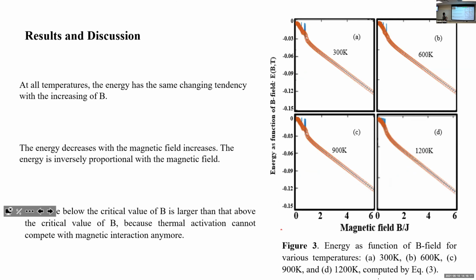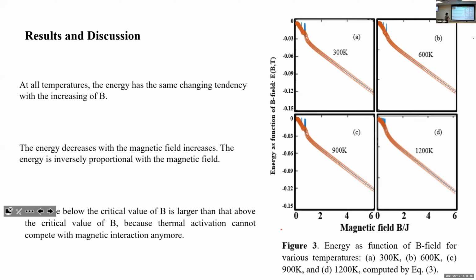The third feature is the energy as a function of the magnetic field for various temperatures. At all temperatures, the energy has the same changing tendency with the increase of the magnetic field. The energy decreases with the magnetic field increasing. The energy is inversely proportional to the magnetic field.